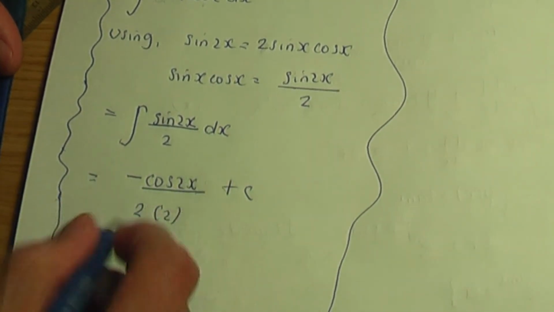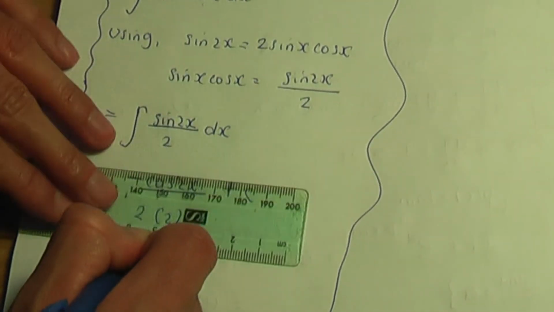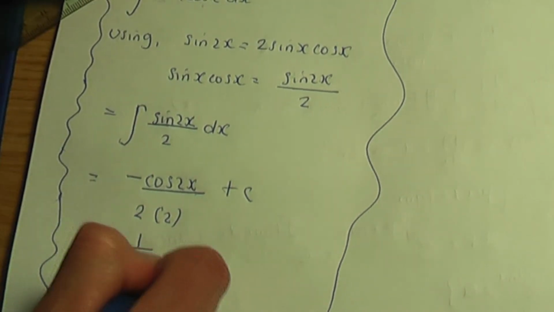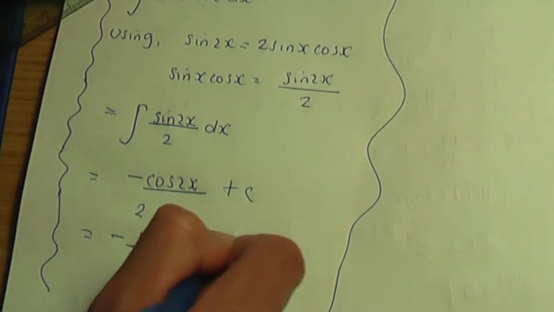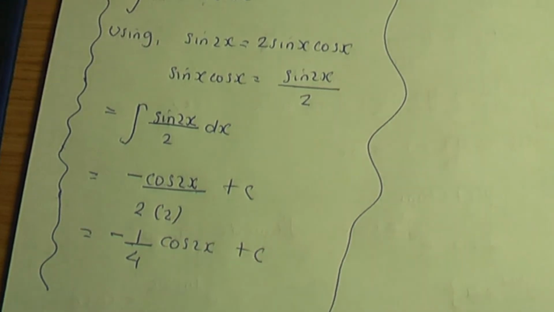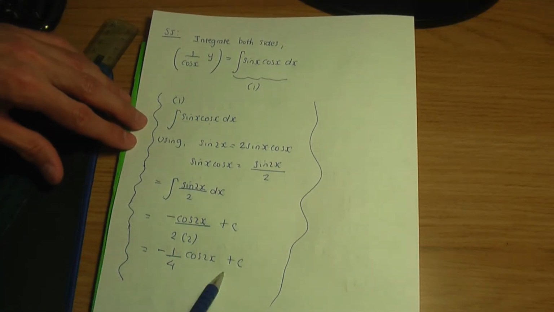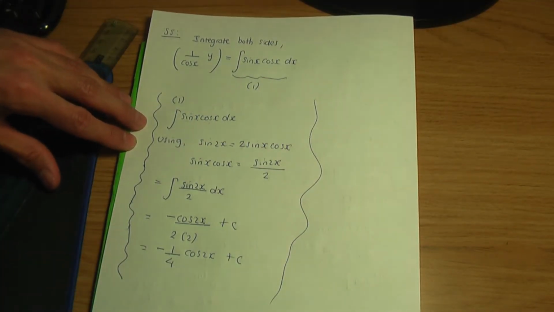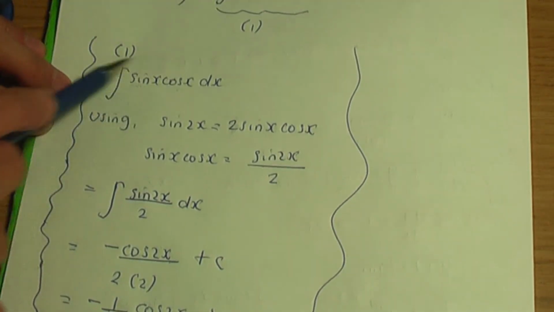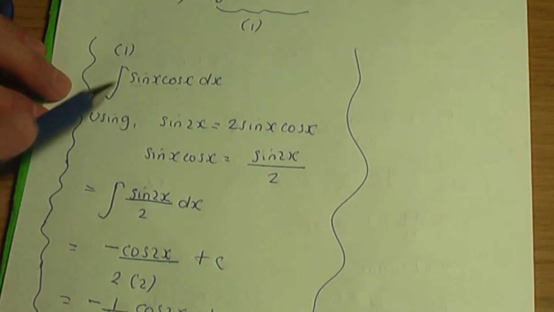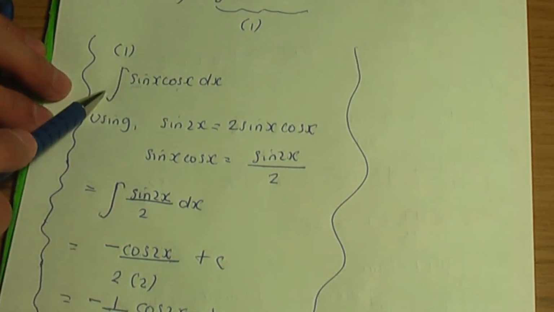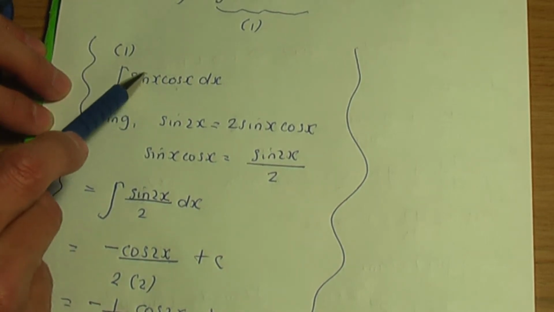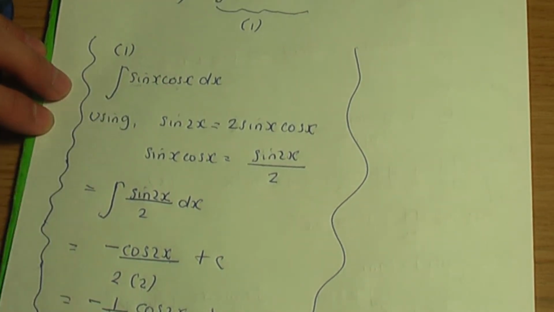If we tidy this up, we'll end up with minus 1 over 2 into 2, which is 4, cos 2x plus c. That should be the solution to the right-hand integral. As I said, there's two methods to integrate this one. You could also use substitution, taking u as sin x or u as cos x.